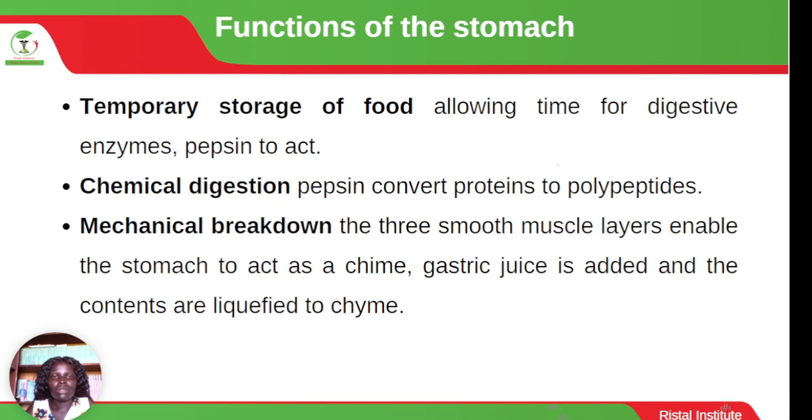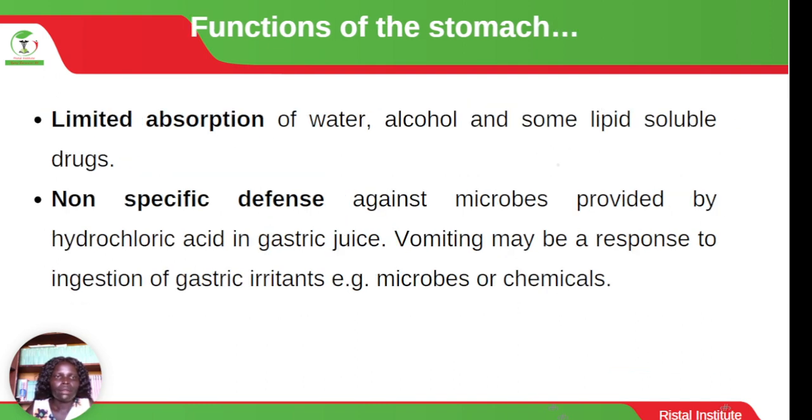Mechanical breakdown: the three smooth muscle layers enable the stomach to act as a churn. Gastric juice is added and the contents are liquefied to chyme. Limited absorption of water, alcohol and some lipid soluble drugs.